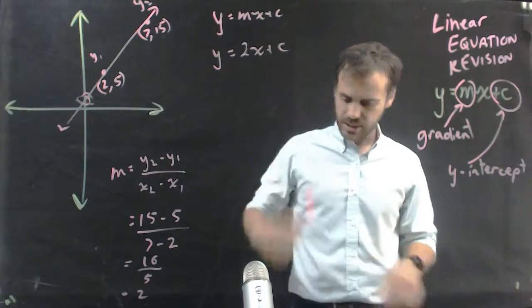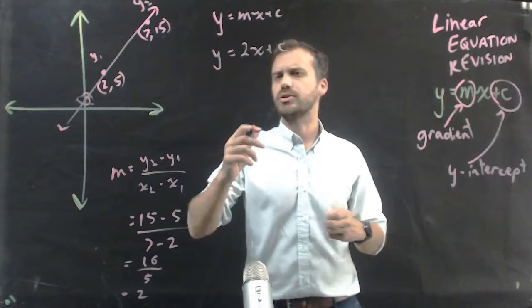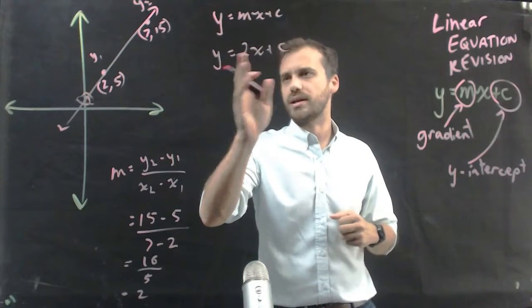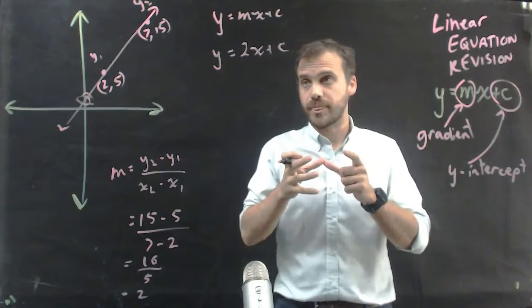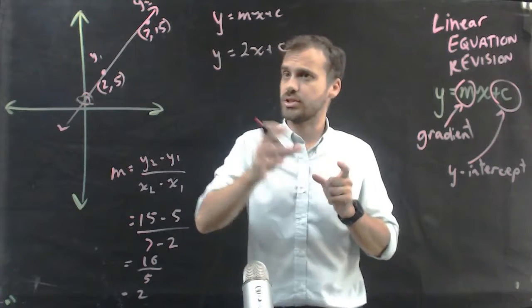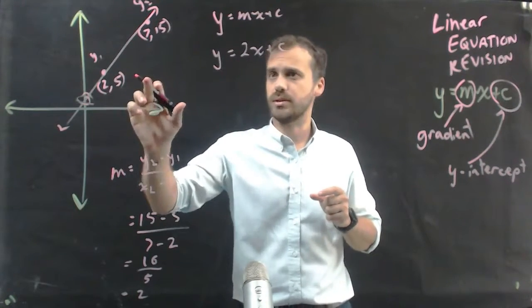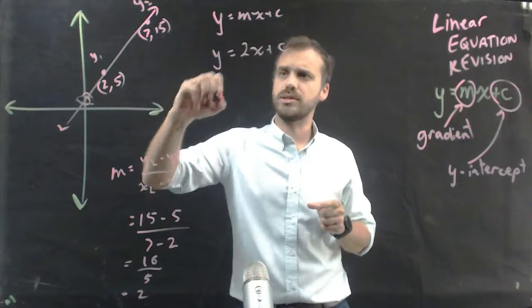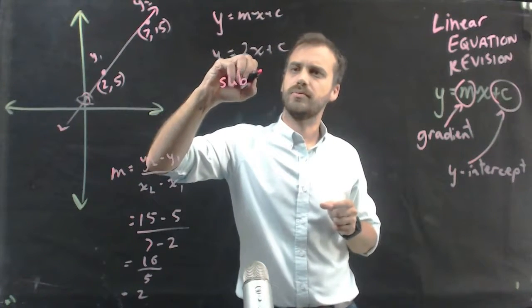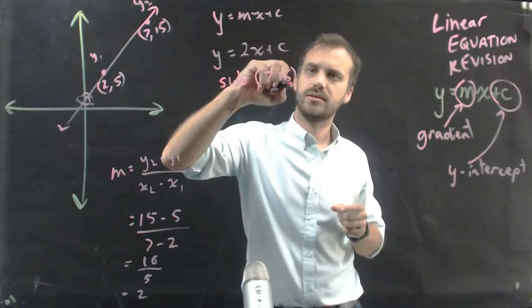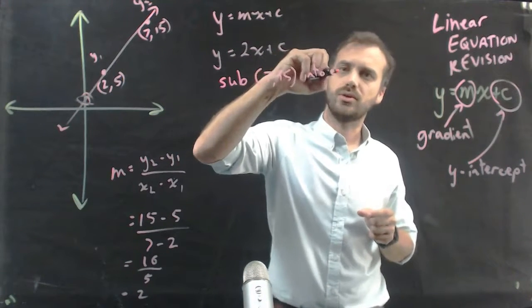But what I do know is that I have a y and an x, and it's a relationship, and that relationship has a gradient of 2, and it also passes through this point or this point. So I can sub one of those points in. Sub 7,15 into the equation.